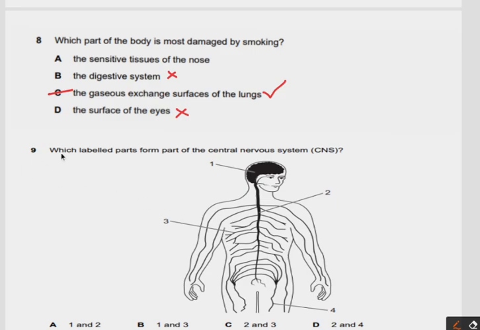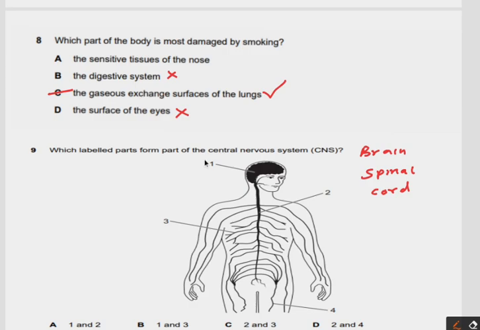Then as for question 9, which separate parts form part of the central nervous system? The central nervous system is made up of the brain, and apart from the brain, it is also made up of the spinal cord. These are the only two things that make up the central nervous system. The peripheral nervous system is made up of the peripheral nerve fibers and ganglionic fibers.